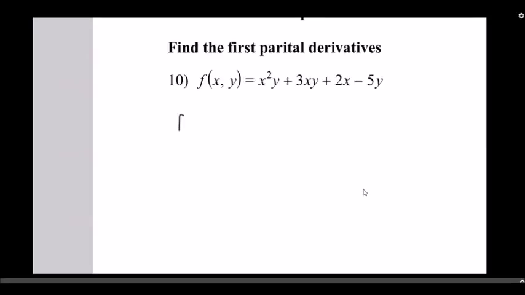So the first one, f(x, y). For finding the derivative with respect to x, what we're thinking of is y is a constant. Y is a number. Instead of a variable now, it's just treated as a number, like a coefficient.